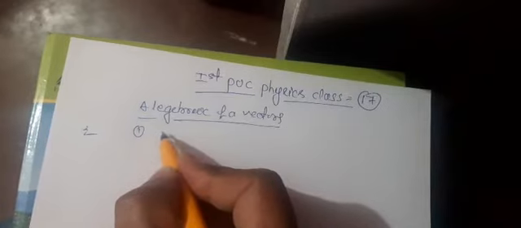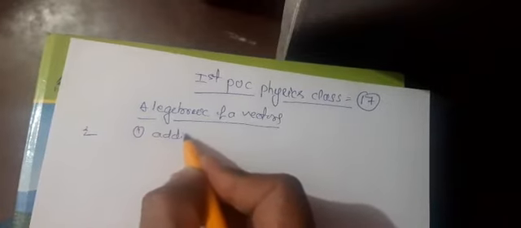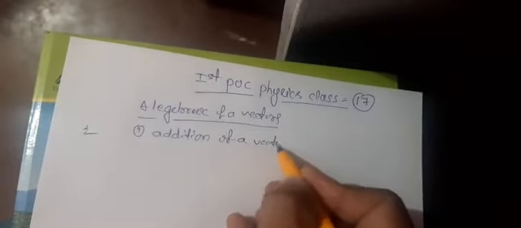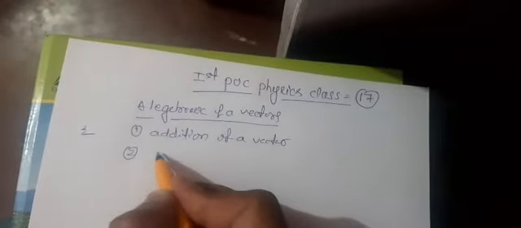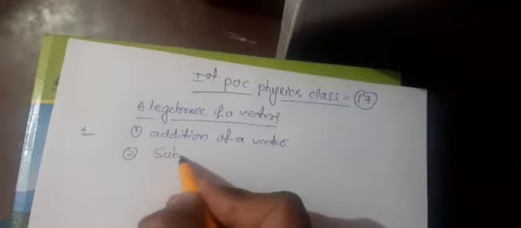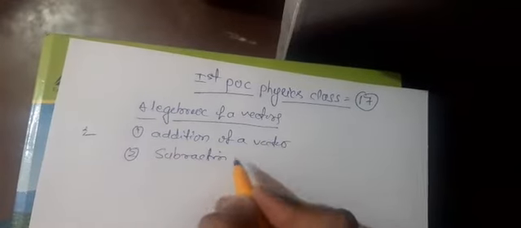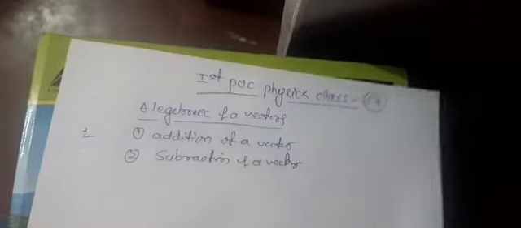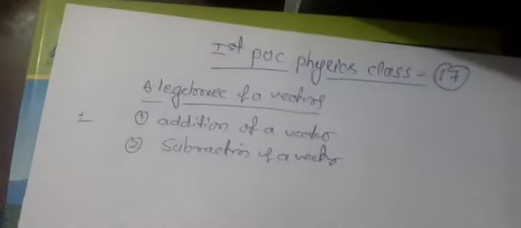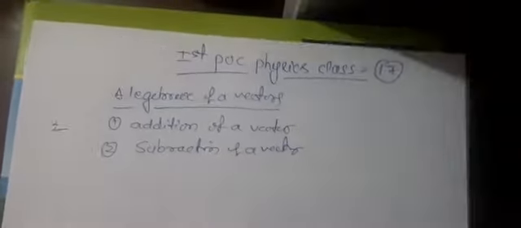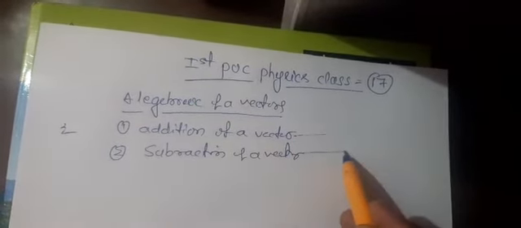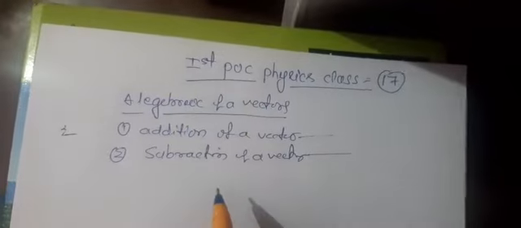One is addition of a vector, and the second one is subtraction of a vector.